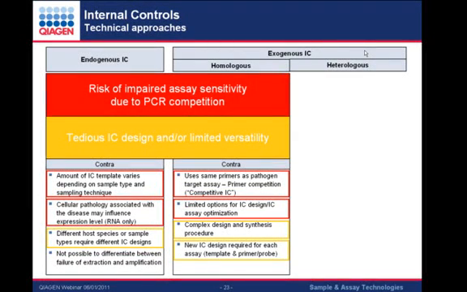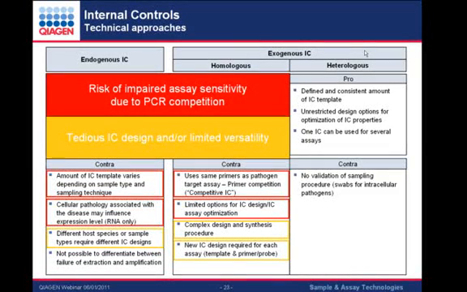Additionally, both endogenous and homologous ICs involve tedious internal control design, and their use is restricted to few applications or even to individual assays. On the other hand, exogenous heterologous ICs allow the use with a defined and consistent amount of internal control template. They offer unrestricted options for functional design and optimization of IC properties to ensure that there is no competition between pathogen assay and IC assay.